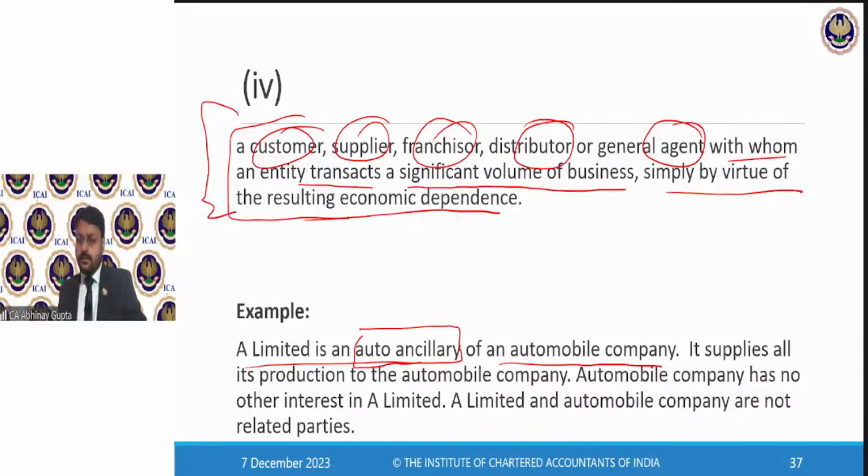For example, steering from somebody, seats from somebody, engine from somebody, and then Maruti actually assembles and manufactures the car. So will all these auto ancillary suppliers be regarded as a related party to Maruti? No. Because they are simple suppliers of the raw material, right? So they cannot be treated as related parties by default.